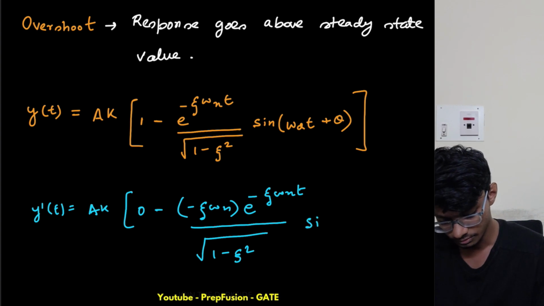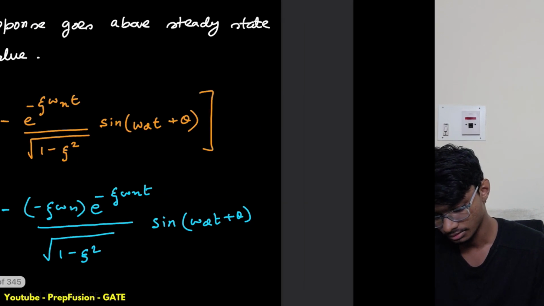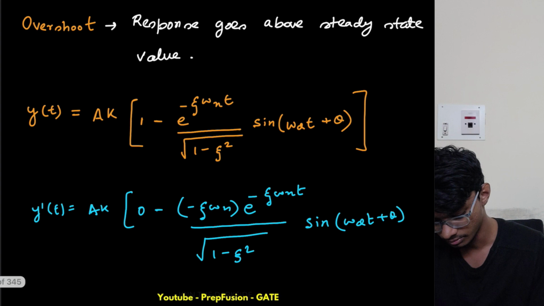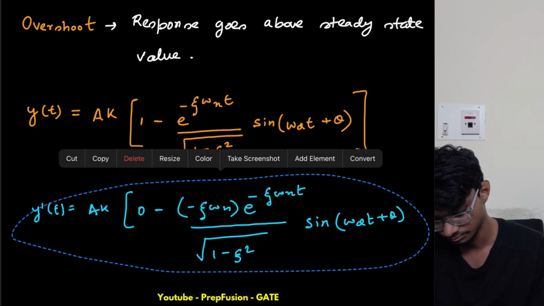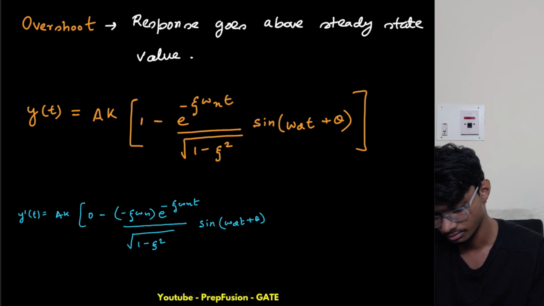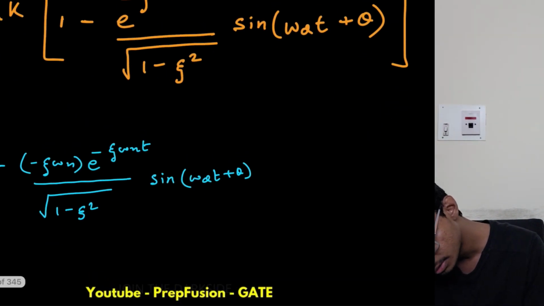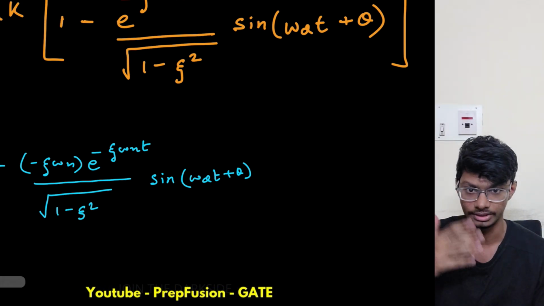Now this one will still remain the v. I don't have enough space, so I will just reduce the size of this one. And the other term will be dv by dt into u.